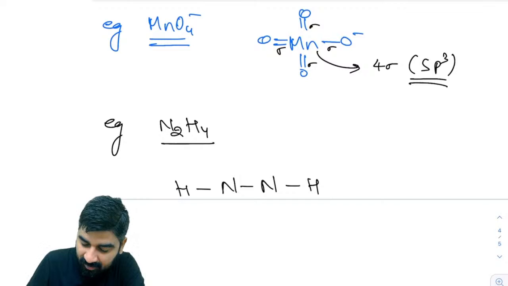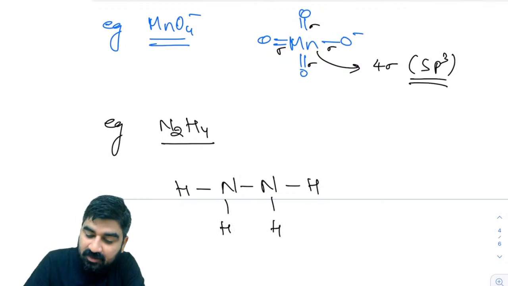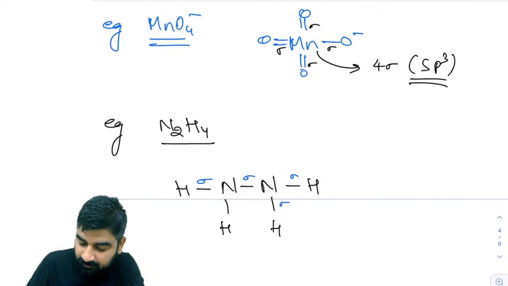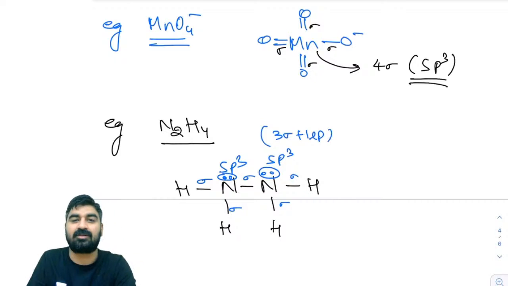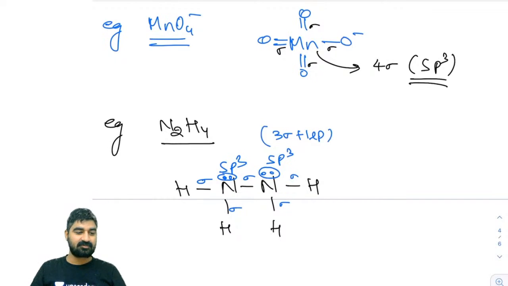H, H. Now count the sigma bonds. Right, and you will be getting sp2. Sorry, one lone pair will also be there, so sp3 and sp3. Why? Because in every case you have 3 sigma plus 1 lone pair in all nitrogens. I hope now you got it.